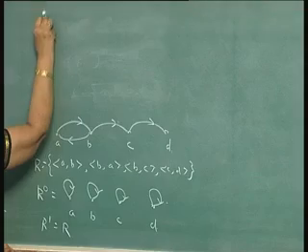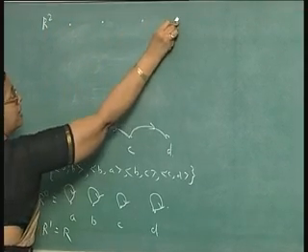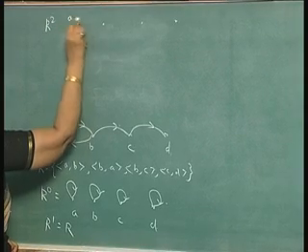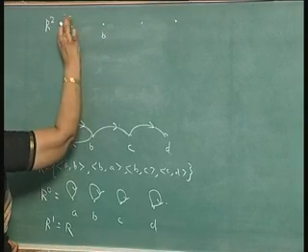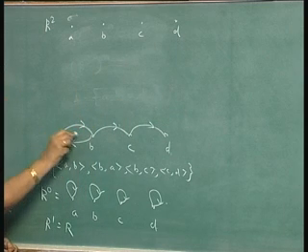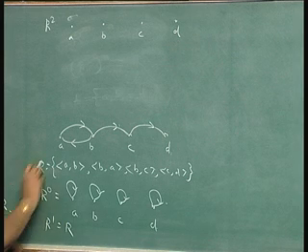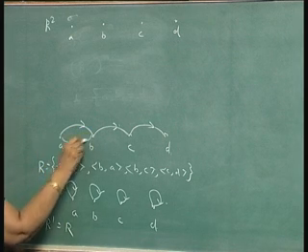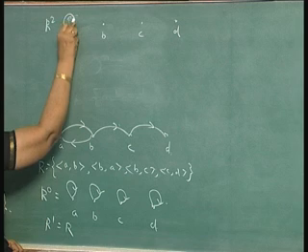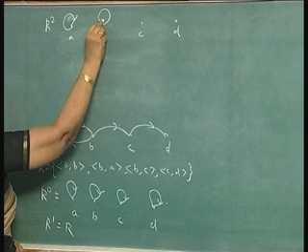R squared can be represented by the diagram like this. If there is a path of length 2, that will be replaced by a single arc in R squared. So, A to B, B to A you have. So, there will be a self loop here. B to A to B is there. So, there will be a self loop here.